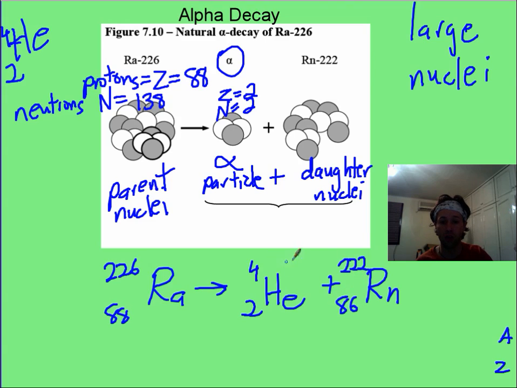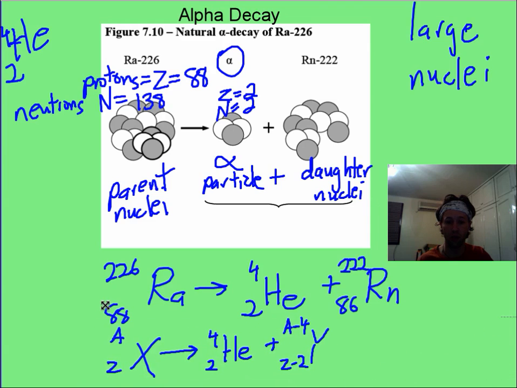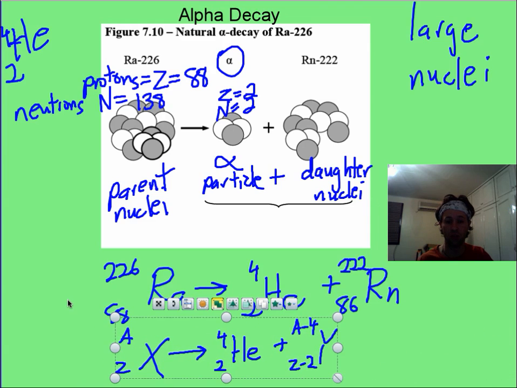The math always works out. If you take 222, add it to 4, you're going to get this 226. If you take the 86, add it to the 2, you get the 88, which is the total number of protons. The math always works out this way. The general way that it works out is this generalization here. Pretty easy.